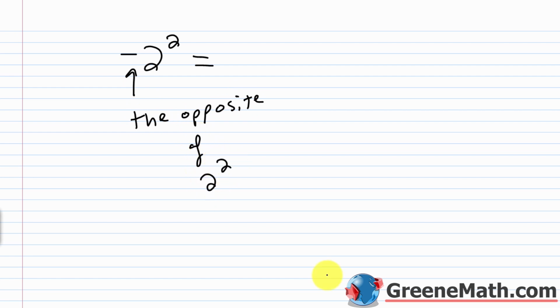To make this clear, let me write this as negative 1 times 2 squared. Using our order of operations, we perform any exponent operation before we multiply. So I would have negative 1 times the result of 2 squared. 2 squared is 2 times 2, that's 4. So now I have negative 1 times 4, and that's negative 4.